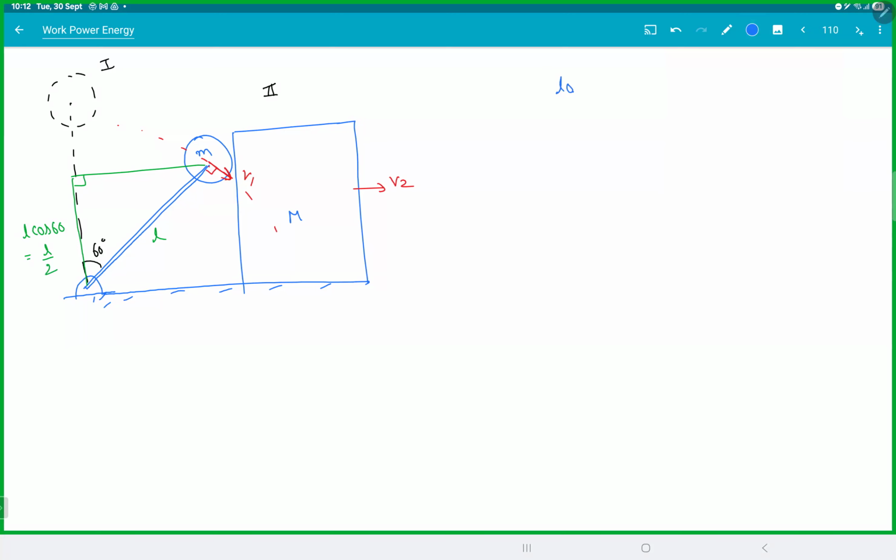Loss in potential energy is equal to gain in kinetic energy. There's only one thing losing potential energy, the sphere, but the energy is gained by both of them. So loss in potential energy, mg L by 2, must be equal to half m v1 square plus half capital M v2 square. This is your equation 1, that's your energy equation.